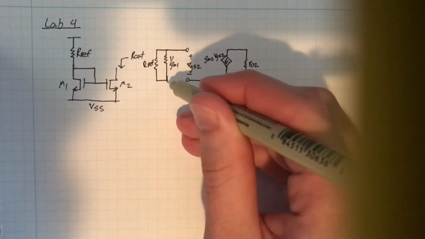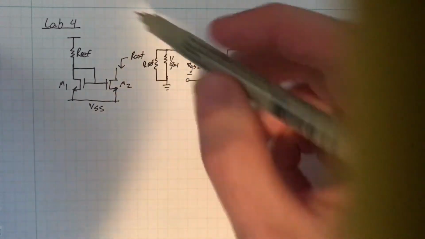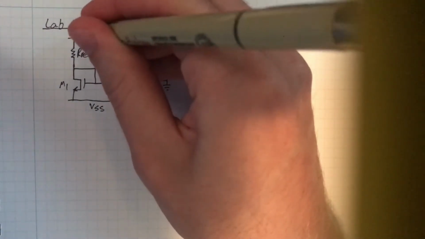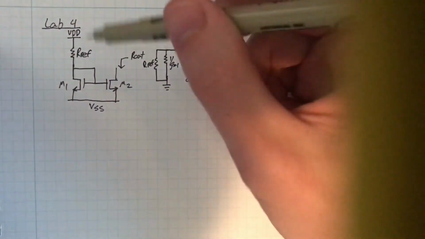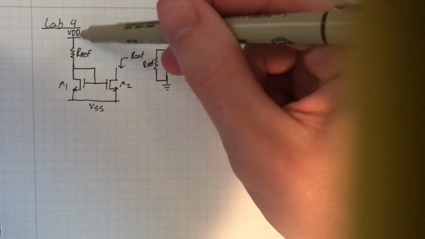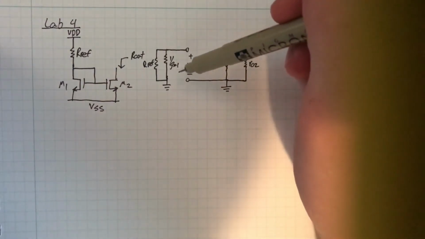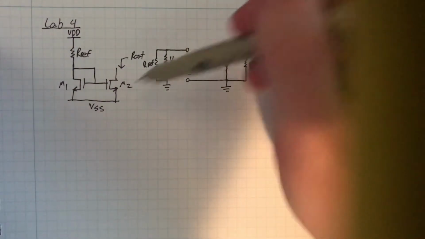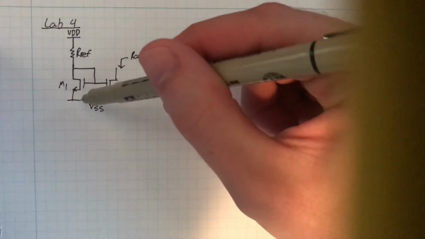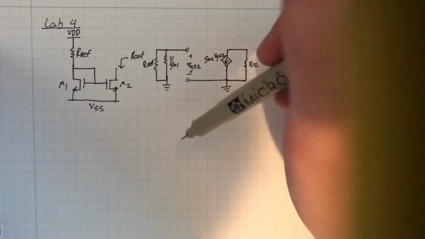And both of those go to ground because VDD in this case is also small signal ground. So RF goes from the gate to VDD, which is ground, and 1 over GM is just the resistance from the gate drain connection to the source, which is at VSS, which is ground.